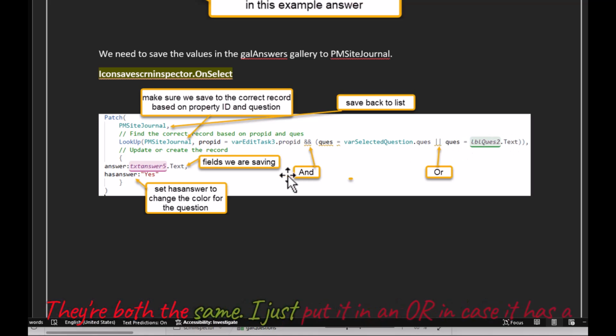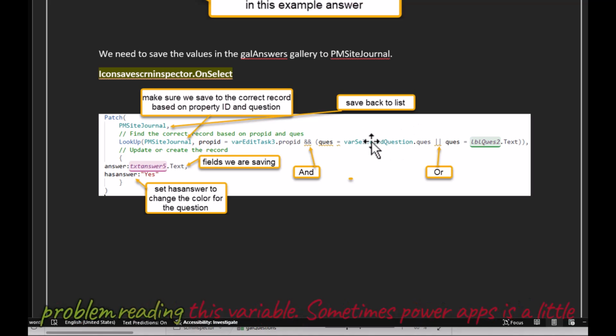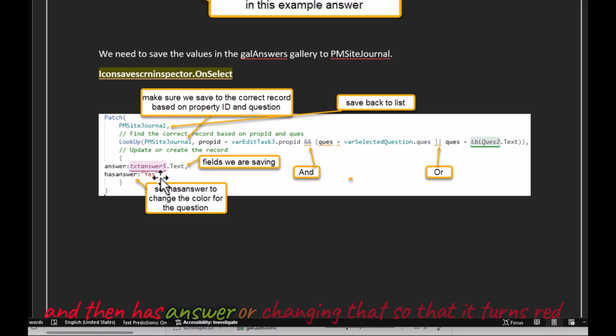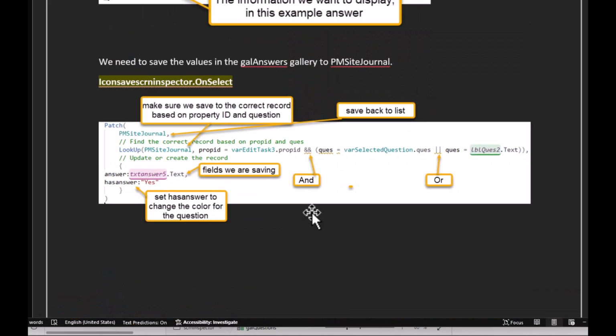They're both the same. I just put it in an OR in case it has a problem reading this variable. Sometimes Power Apps is a little squirrely. And then we're only saving one field at this point, and then has answer. We're changing that so that it turns red next time you come in.